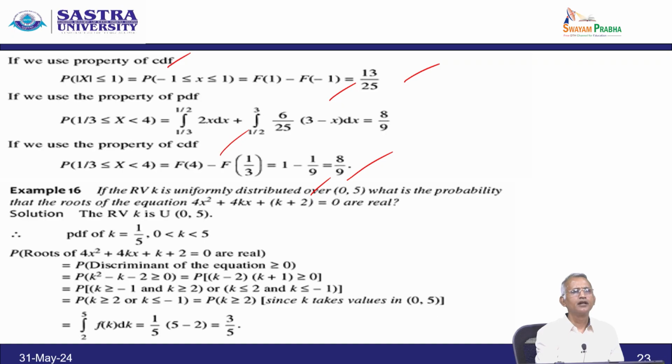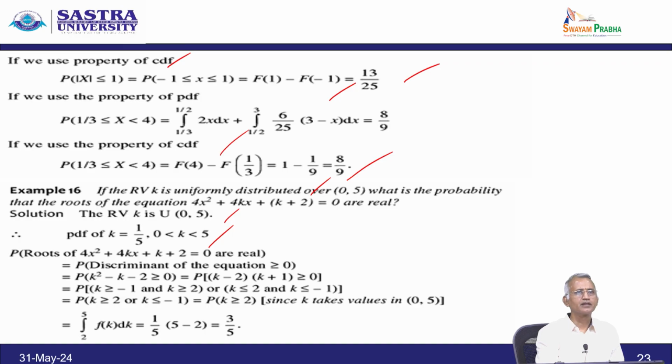According to the PDF, f of k equals 1 by 5 for k between 0 and 5. The roots are real when the discriminant of this quadratic equation is non-negative.